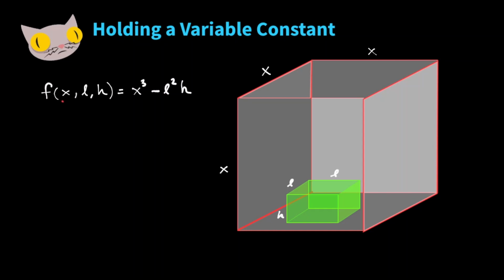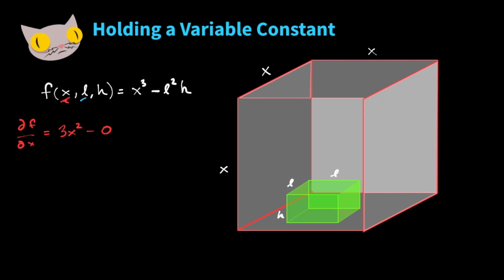Let's start by finding the partial derivative with respect to x. So we have del f del x will give us 3x squared minus 0. There's no x in this term, it's just constant, so it goes to 0.